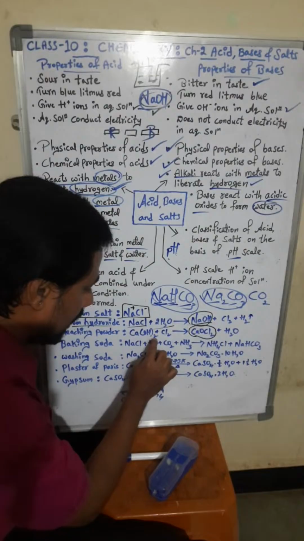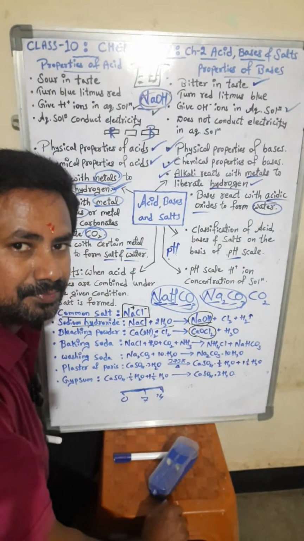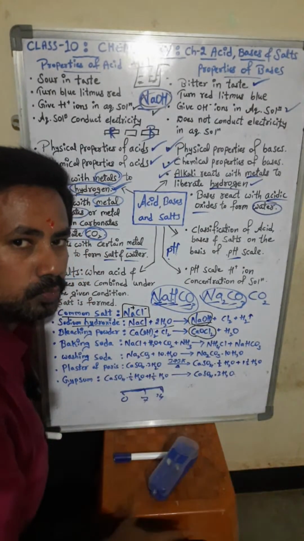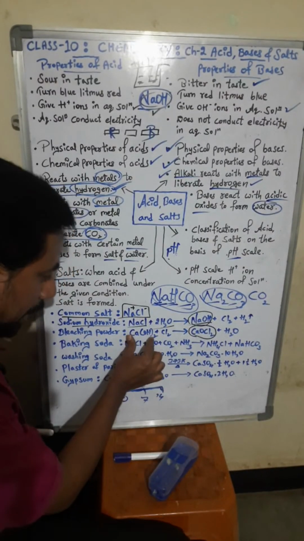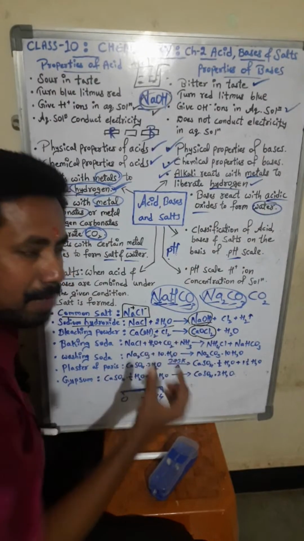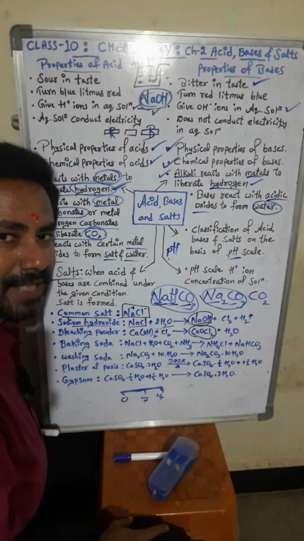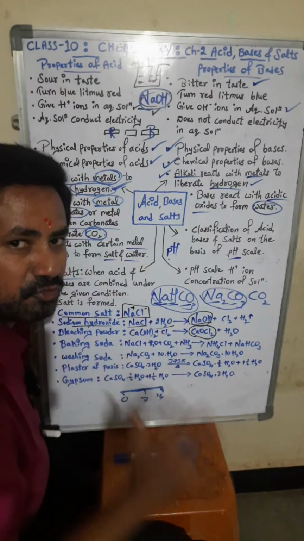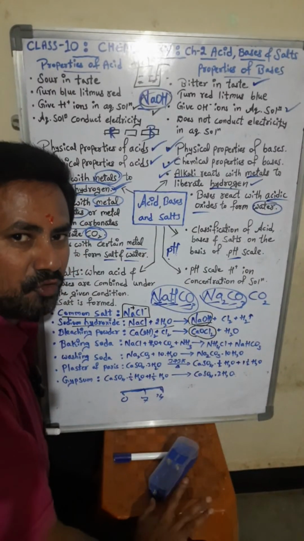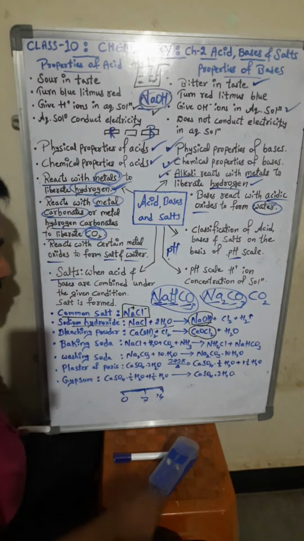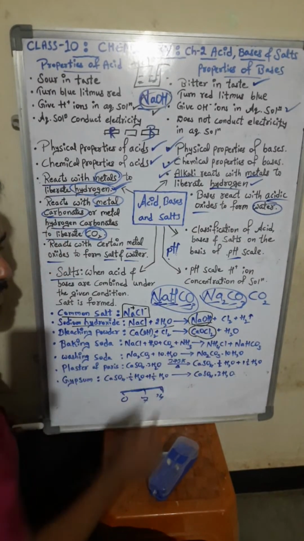Ca(OH) twice, or Ca(OH)2; we write OH in brackets. When calcium hydroxide combines with chlorine, bleaching powder is formed, students. Along with that, a small amount of water is also formed. Is it clear? So this is the formula of bleaching powder.